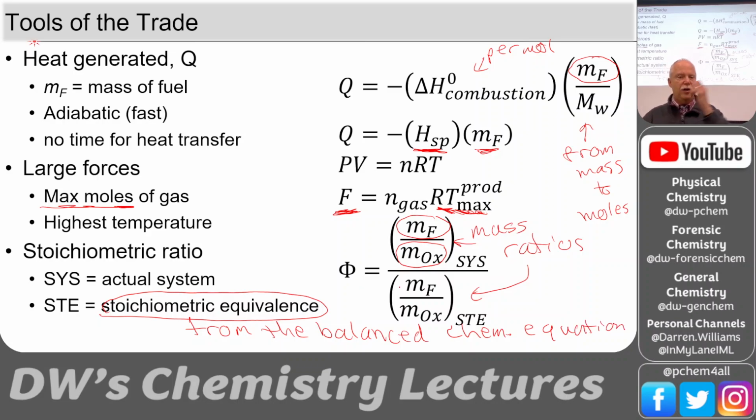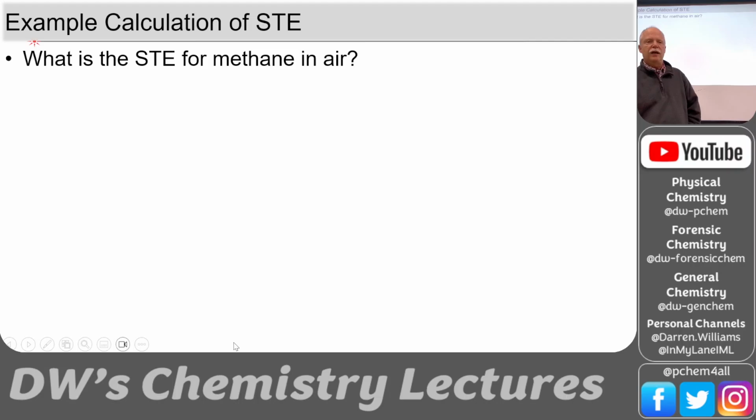So that the stoichiometric equivalence is from that balanced chemical equation, and then the system is the actual. So we calculate this phi, the stoichiometric ratio, letter phi, to see if we're at the stoichiometric ratio or not. So if phi is equal to 1, then we're in a very dangerous situation, because we have exactly the right amount of fuel and oxygen mixed together. So we'll see what that does in a second.